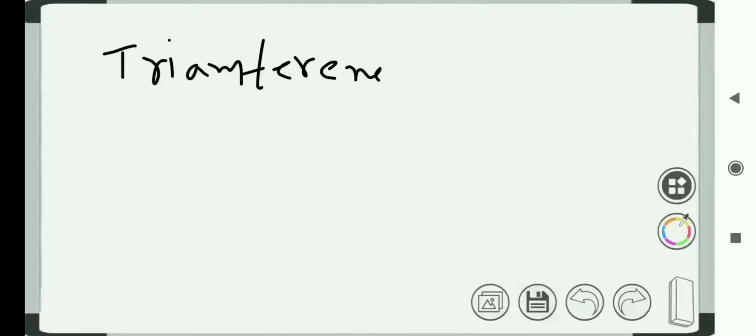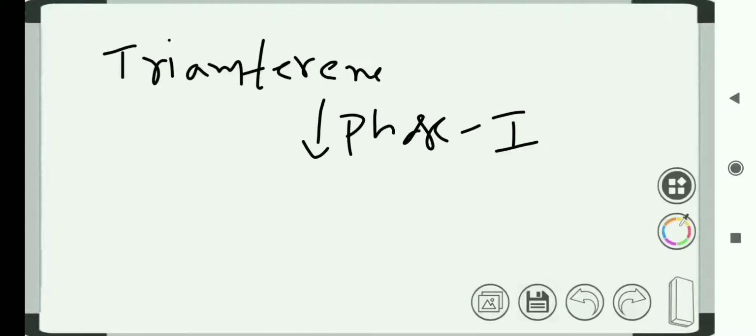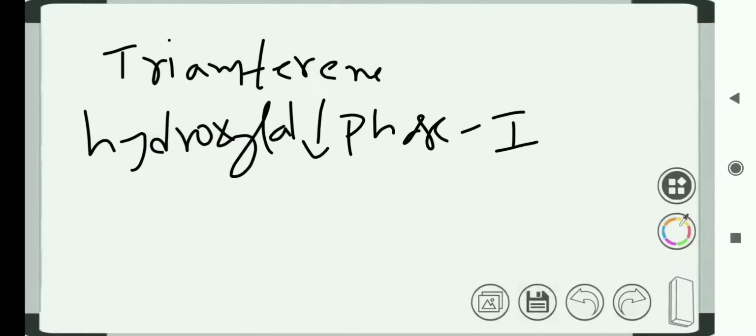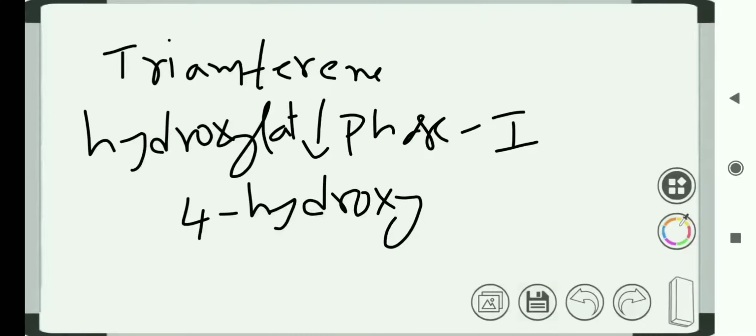Our triamterene, phase 1 hydroxylation, generates 4 hydroxy triamterene.